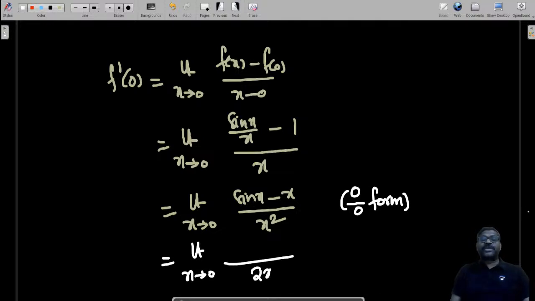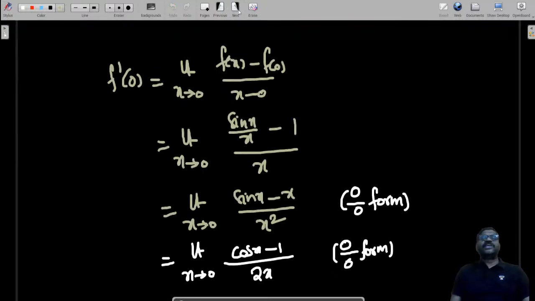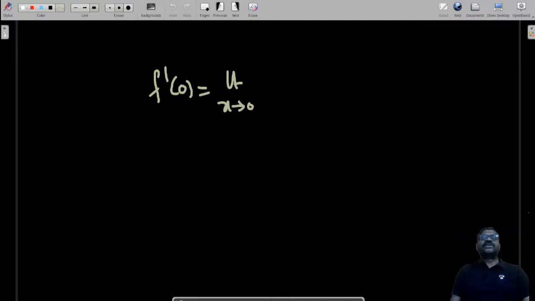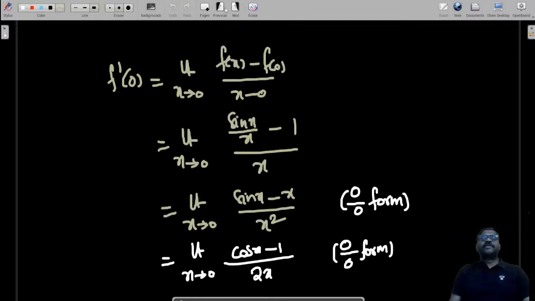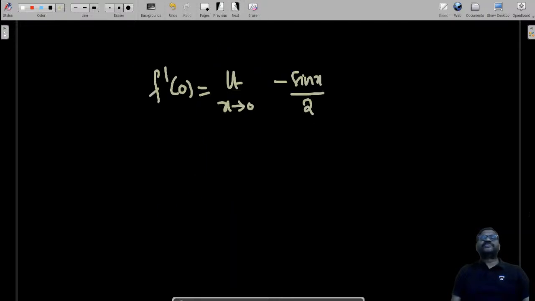Differentiation of denominator is 2x. Differentiation of numerator is cos x minus 1. When x is tending to 0, numerator is tending to 0, denominator is tending to 0. 0 by 0 form. Next, f dash of 0 is limit x tends to 0, differentiation of cos x minus 1 is minus sin x by differentiation of 2x is 2.